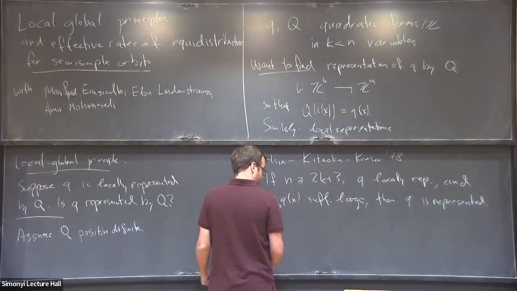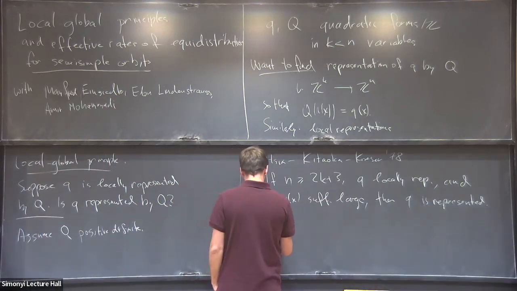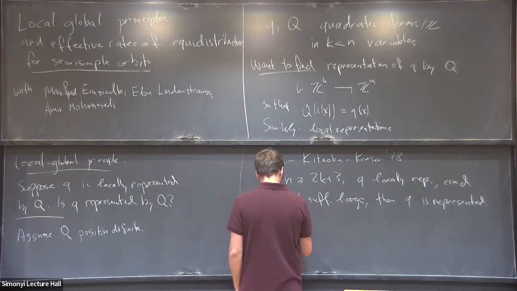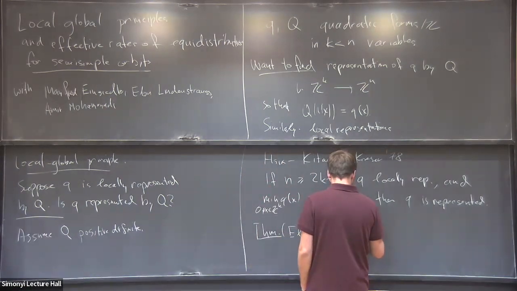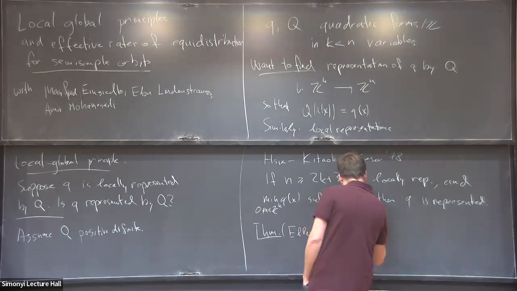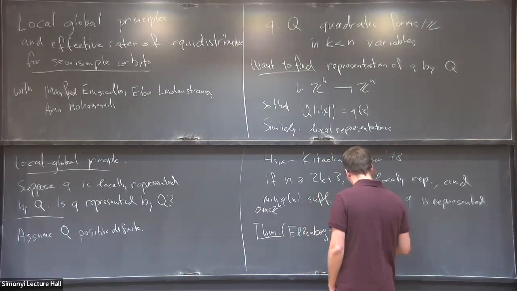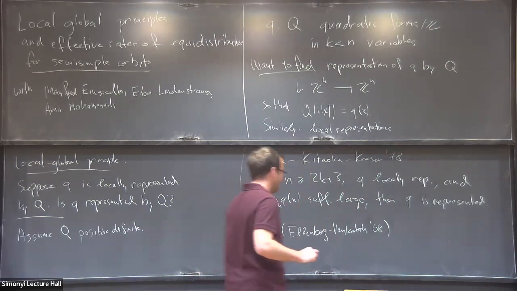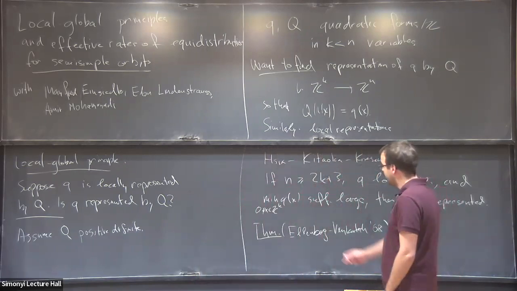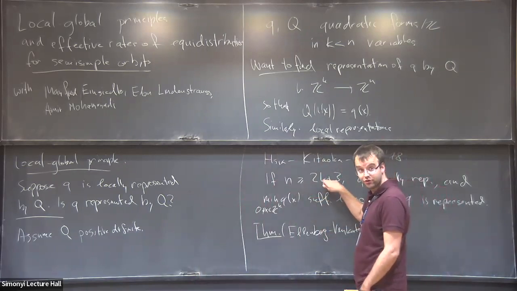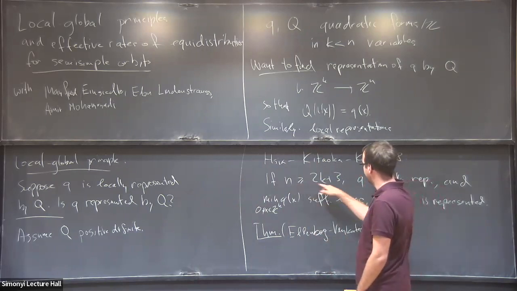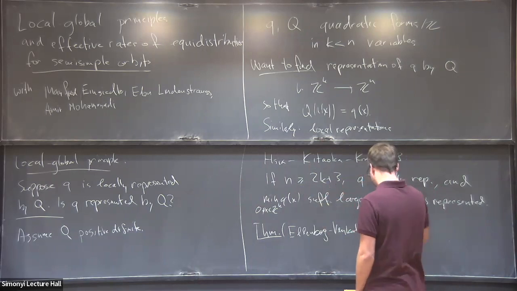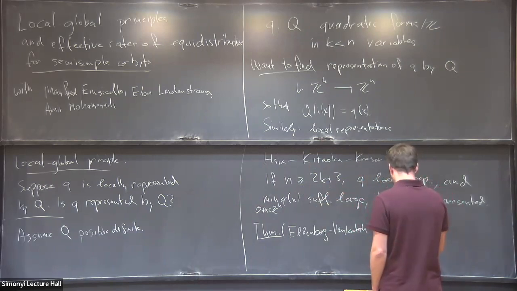Which it isn't, it turns out. Here's a theorem of Ellenberg and Venkatesh, published in 2008, which pushes this codimension way down, from k plus 3 to 5.